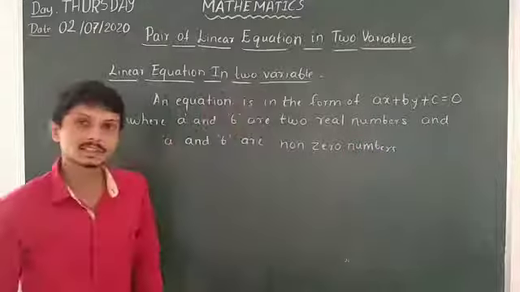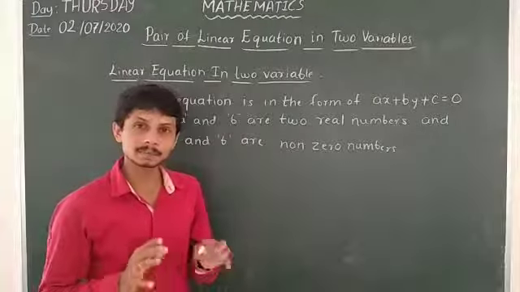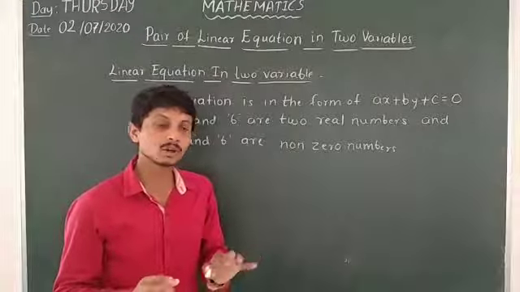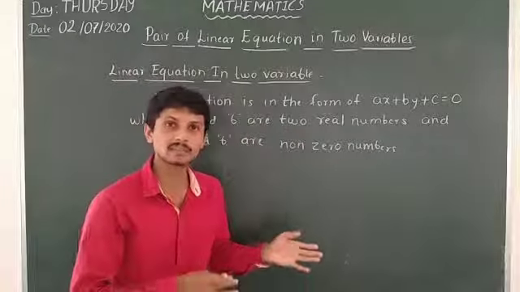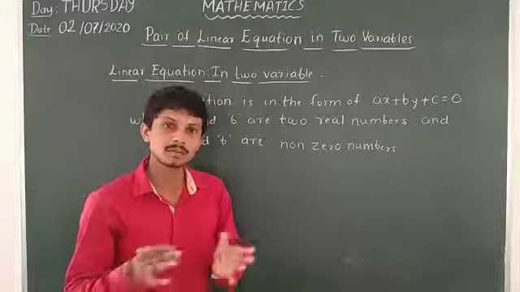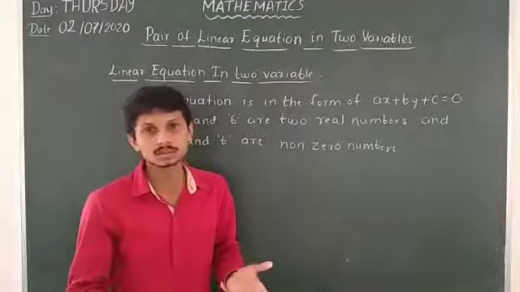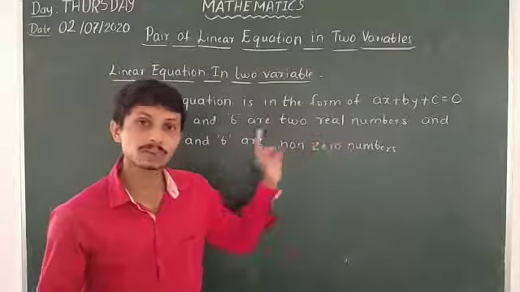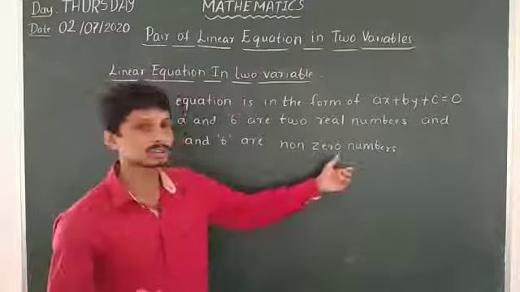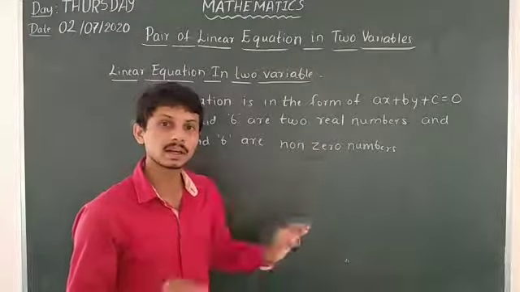So an equation is in the form ax plus by plus c is equal to 0, and a and b are two real numbers, whether it is a fraction, an irrational number, an integer, a whole number, whatever it may be. But a and b are non-zero numbers, that means a and b can't be 0.